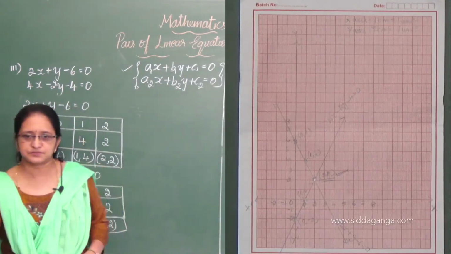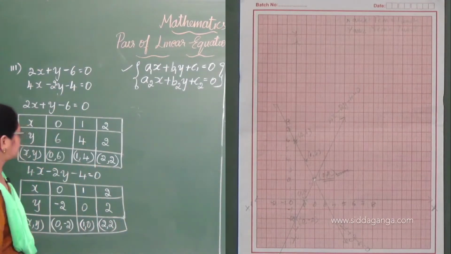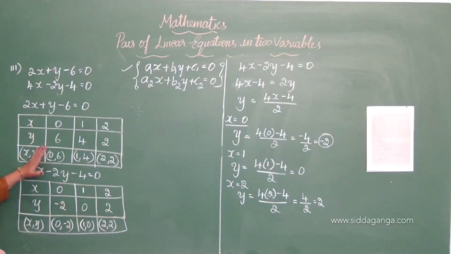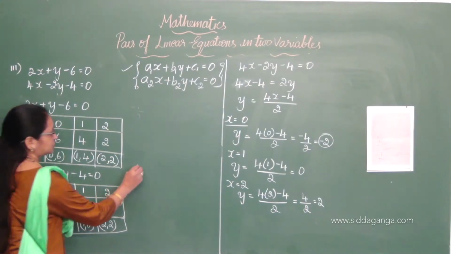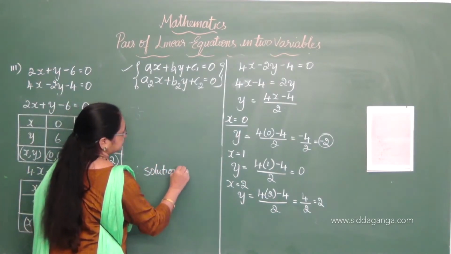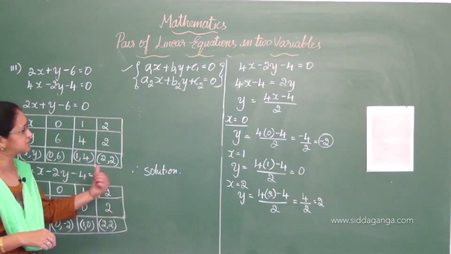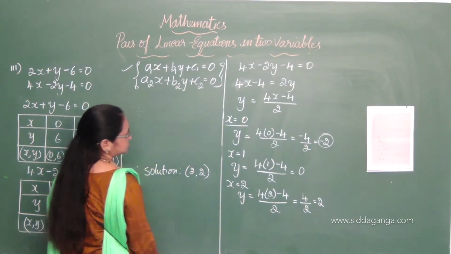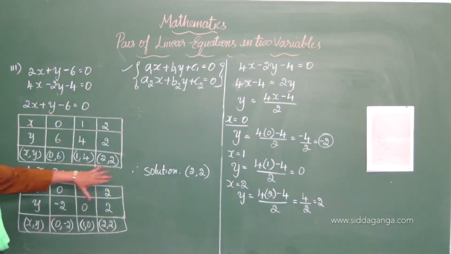Now here you can write the final answer, that is, therefore the solution. In the previous sum I didn't write it because you will get infinitely many solutions, but in this case you will get 2 comma 2 as the solution. What is the meaning of this?